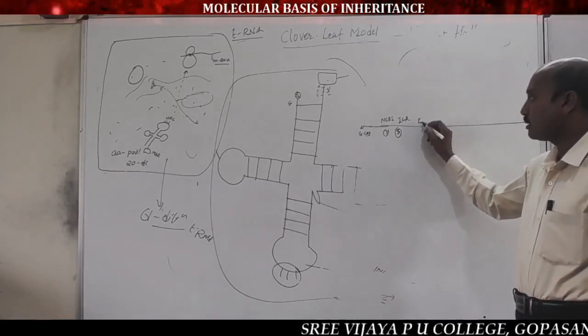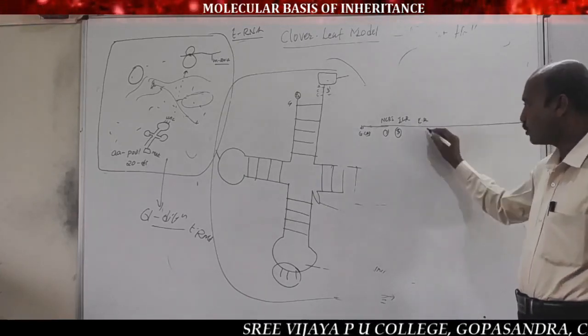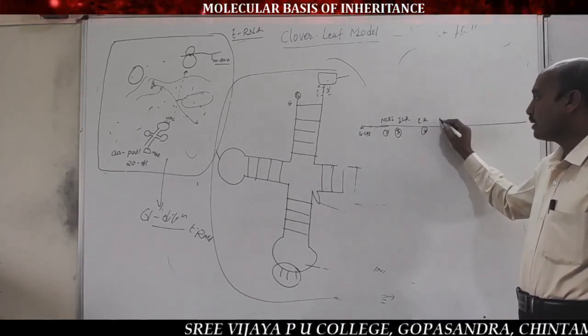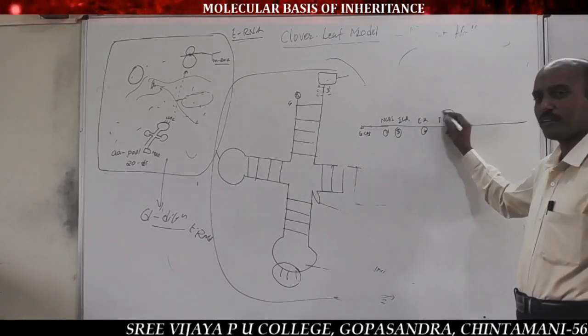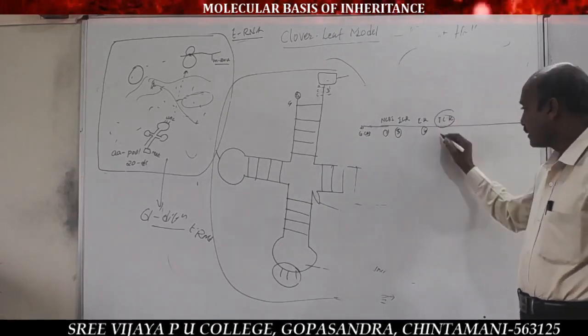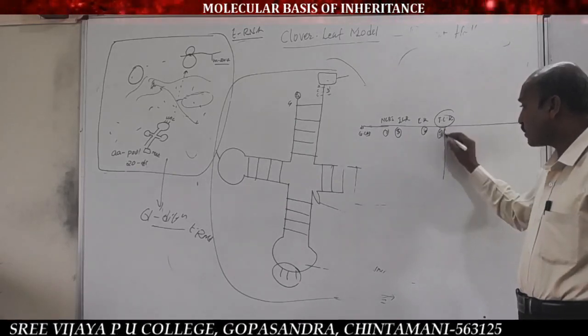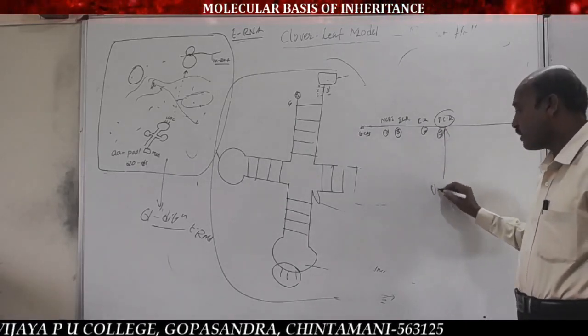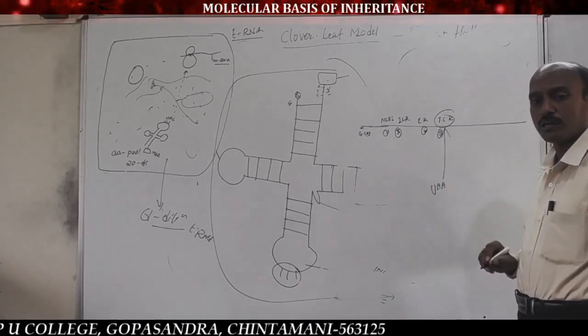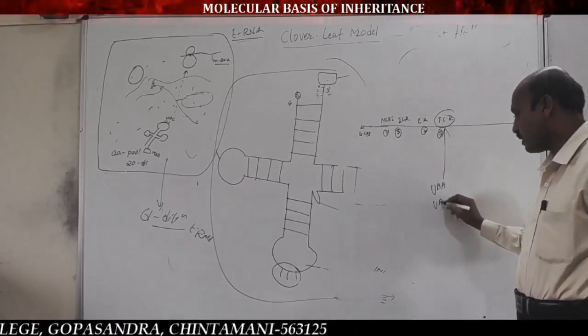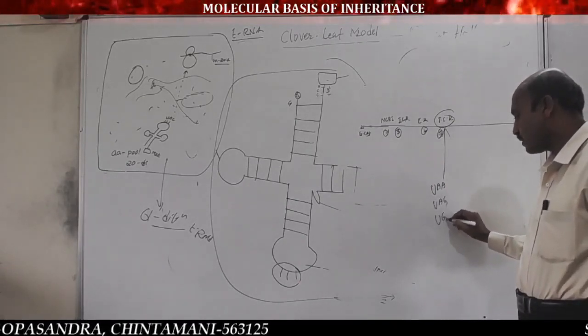Next is the coding region, the fourth part. The fifth part is the terminator coding region, containing any one of the terminator codons: UAA, UAG or UGA.